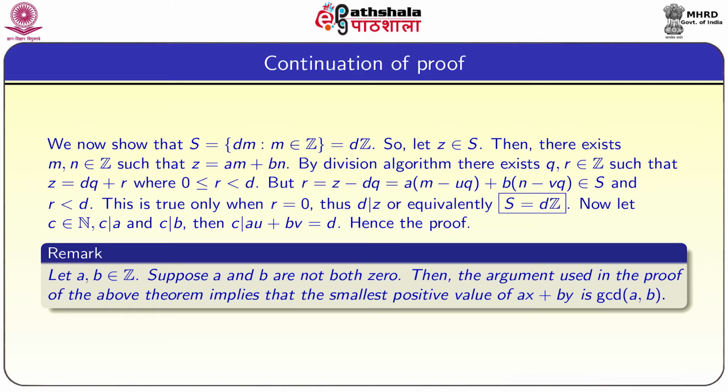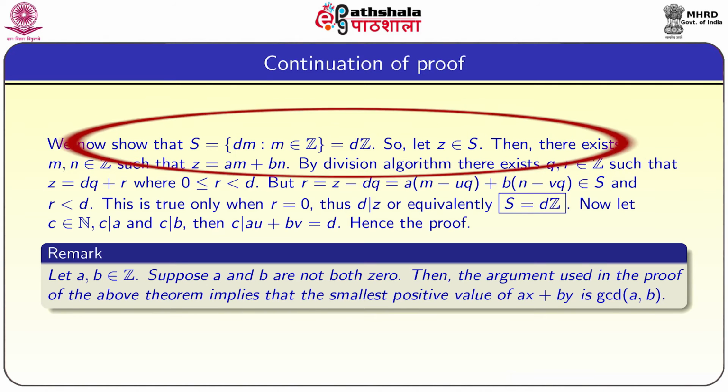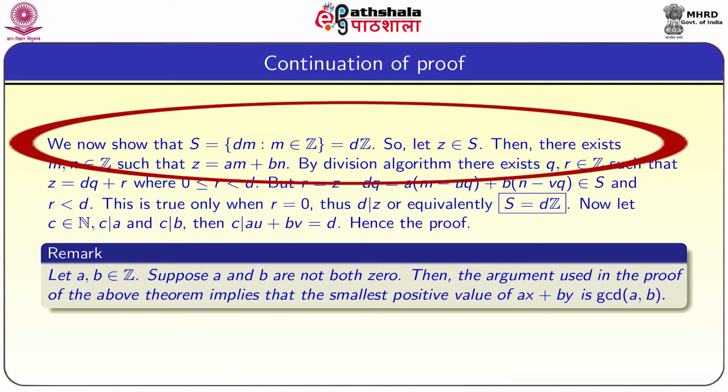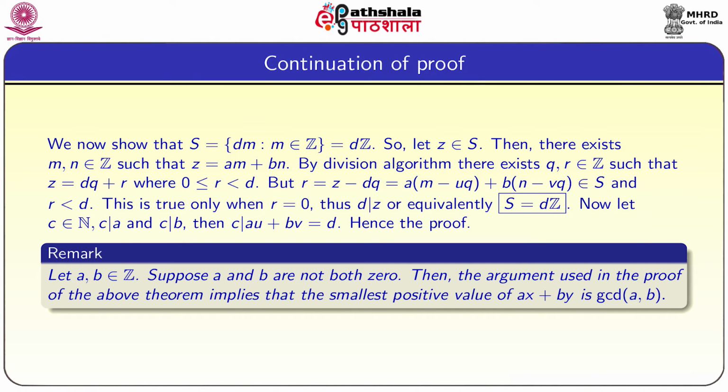Not only does the one element D that belongs to S be an integer linear combination of A and B, but every element in the set S is a multiple of D. So we choose one element Z belonging to S. Then by definition of S, there exist m, n belonging to Z such that Z equals Am plus Bn.